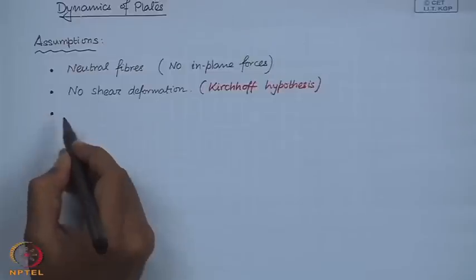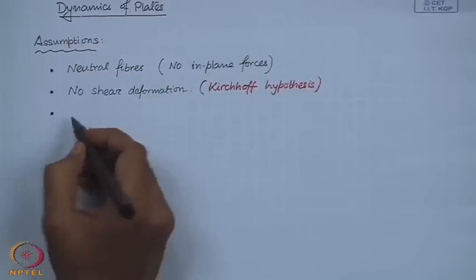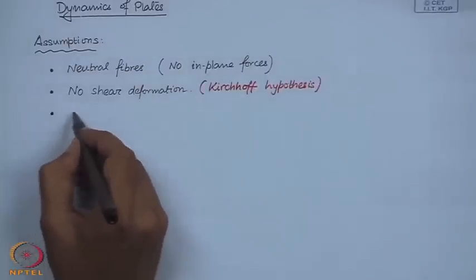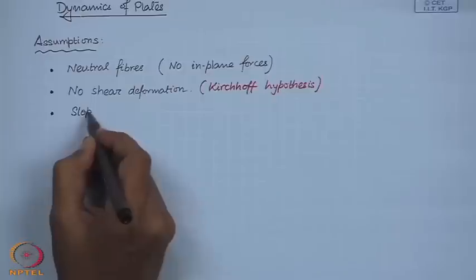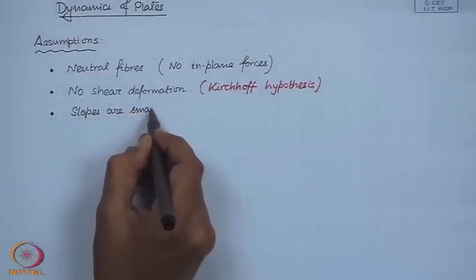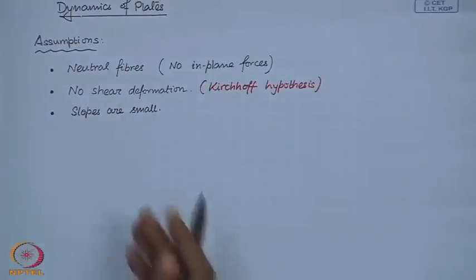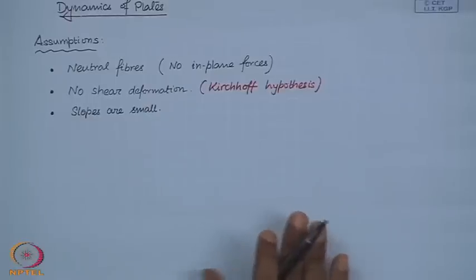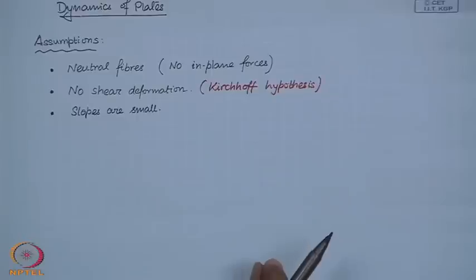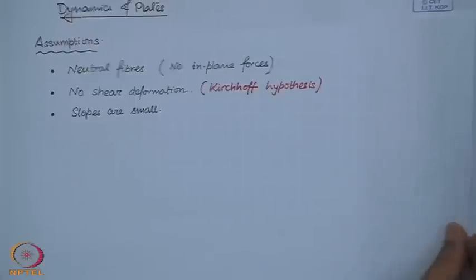The third assumption we make, to keep our model linear, is that the slopes are small. So, when the plate deflects, the slopes because of this transverse deflection are small. We are going to model under these assumptions.